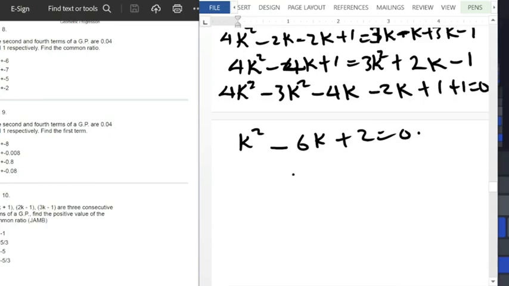So this leads to a quadratic equation. You can now resolve this using the factorization method of solving quadratic equations. So we are going to look for two factors of 2 that will add up to minus 6. So we have 1 multiplied by plus 2, which is equal to plus 2.